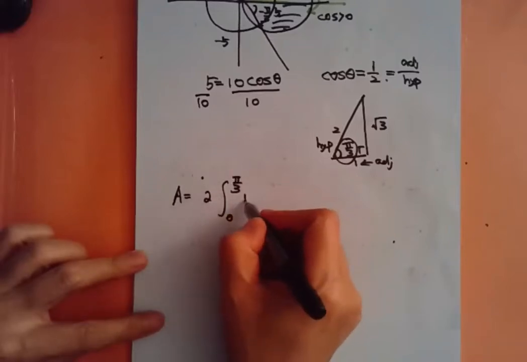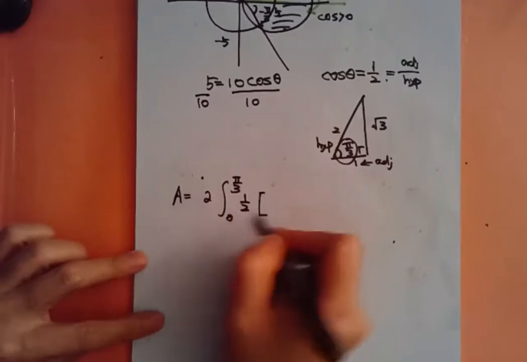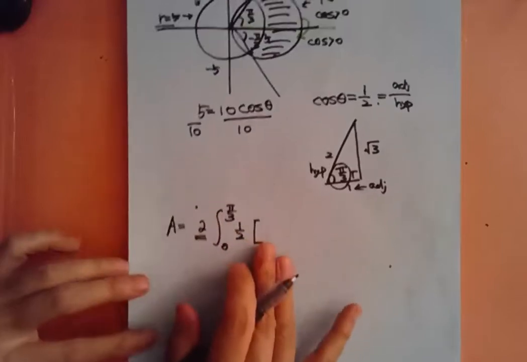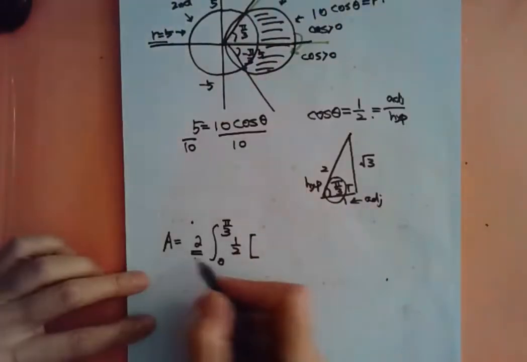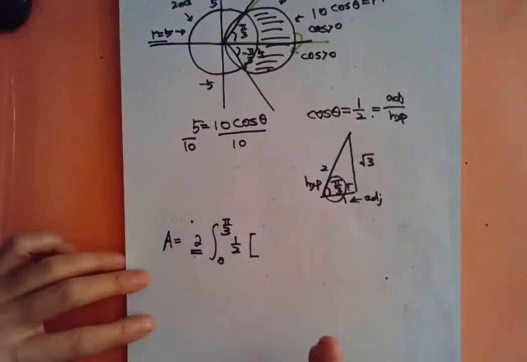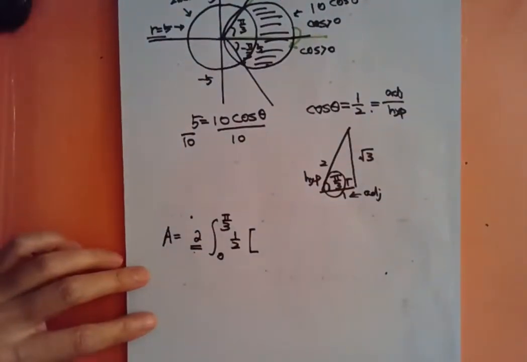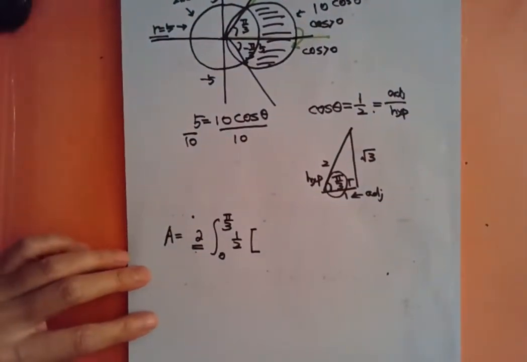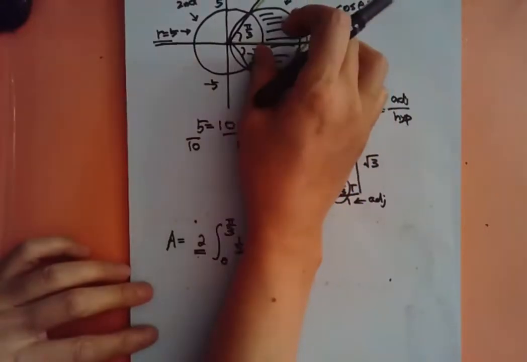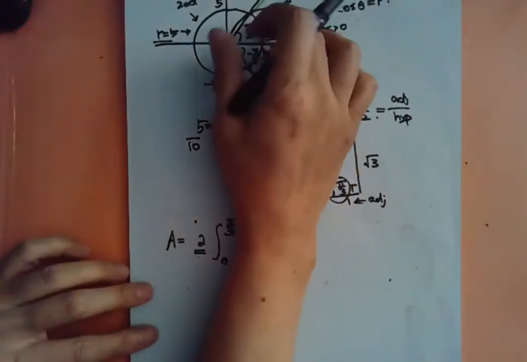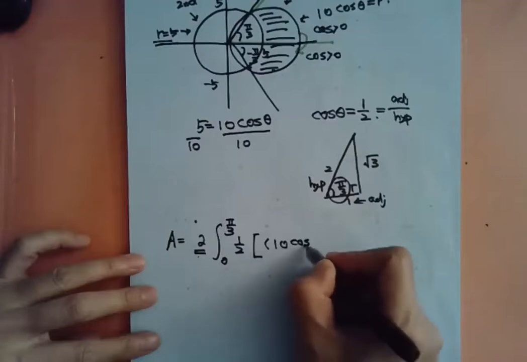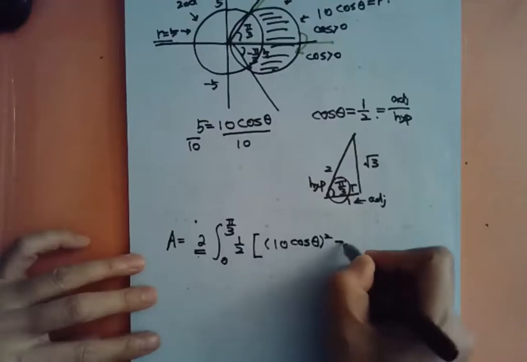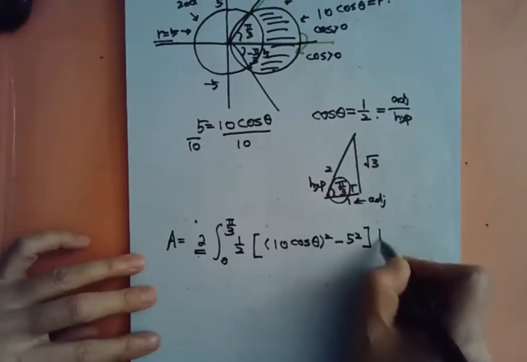If we apply the formula, we are thinking about half of the region, this 2, and 1/2 is from the formula, and this circle is outside of this circle. So we will put 10 cosine theta squared minus 5 squared d theta.